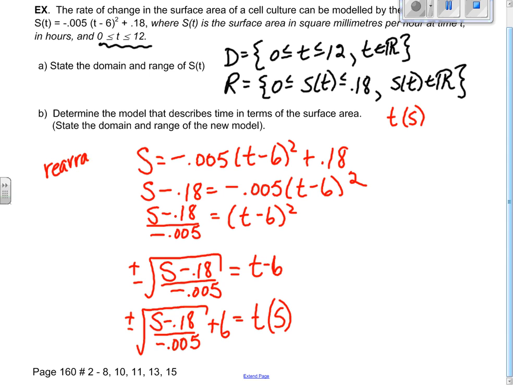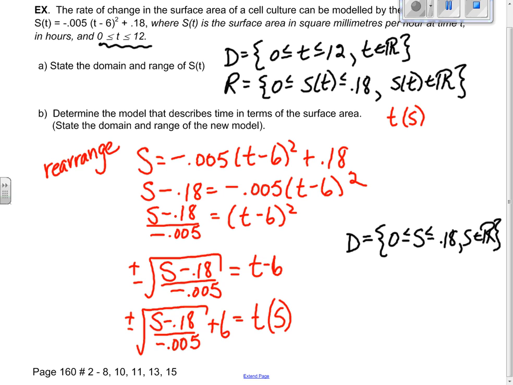We have an inverse function. If it is an inverse function, our domain and range should be opposite. The domain is the input values. So your domain would be your s values. So although we would write it as we did above, s is between 0 and 0.18, that used to be what our range looked like.